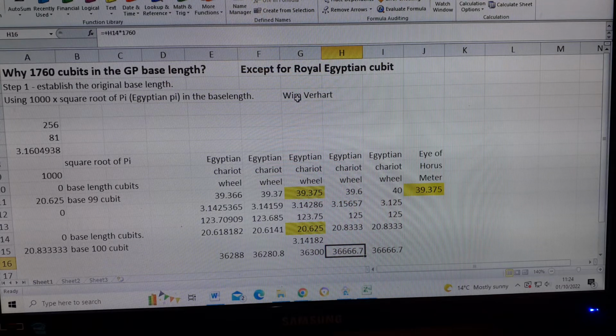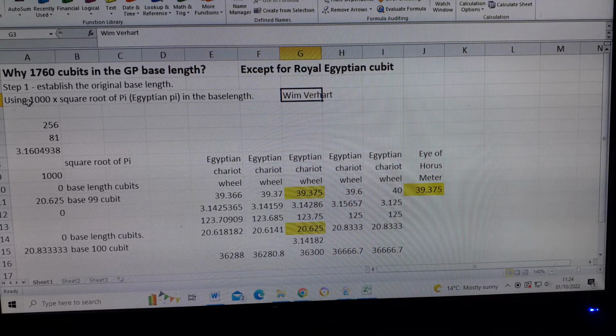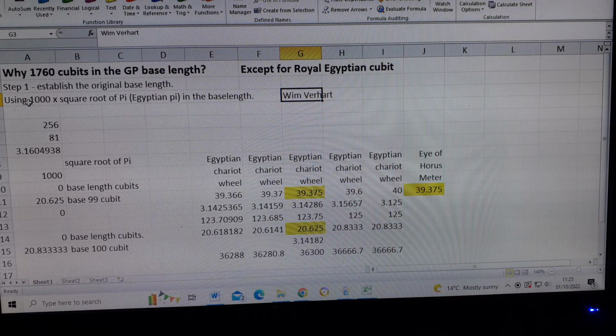Now, metrologist Wim Verhart has worked out that the Egyptians were using the square root of pi to work out the number of cubits in the GP base length. He doesn't use Egyptian pi, but when we do use Egyptian pi, we find it's the only version of pi that actually has a square root, a very simple square root.